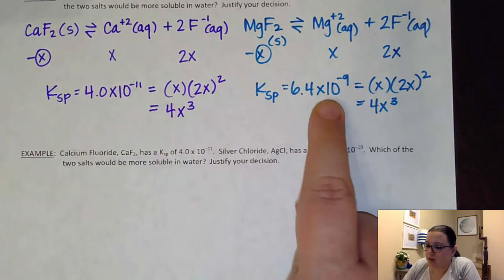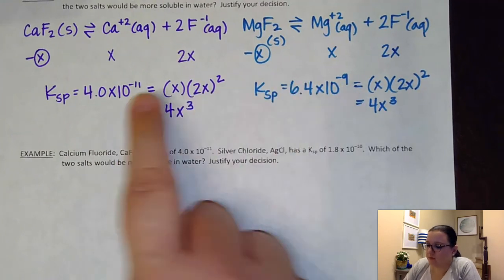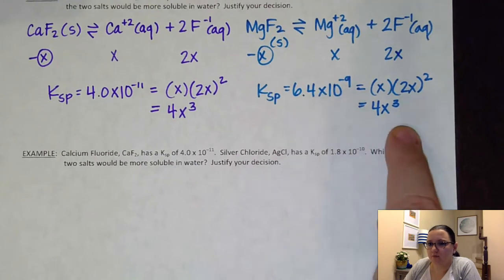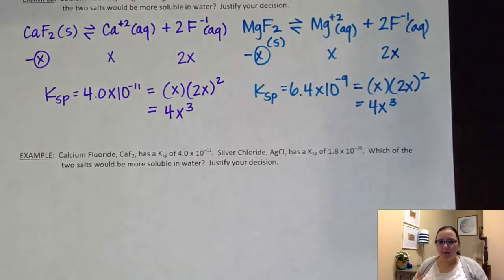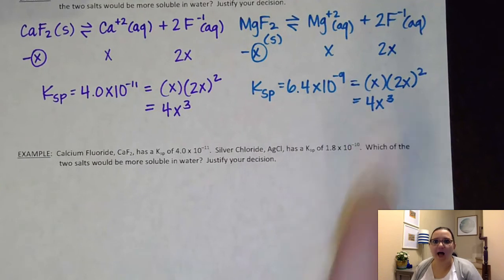Here I have a larger number, because negative 9th is a bigger decimal than negative 11th. So I have a bigger number equal to 4x cubed. You could solve the math if you wanted to and actually get your x, but what that means is that this compound would give me a larger value for x.